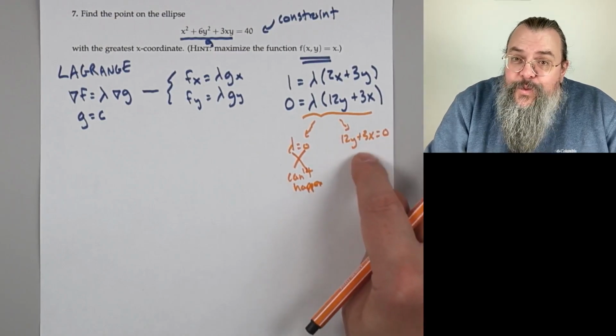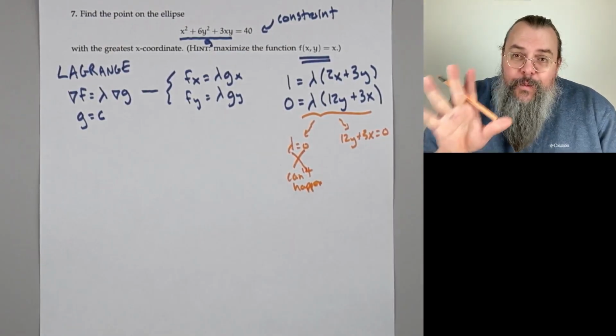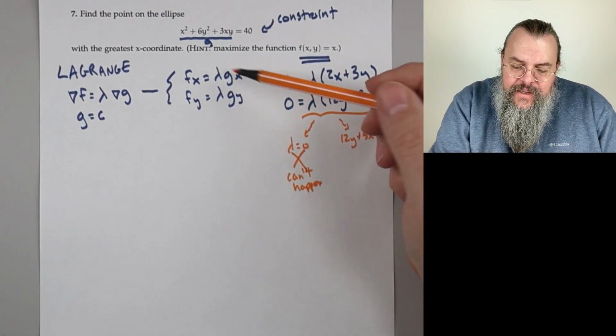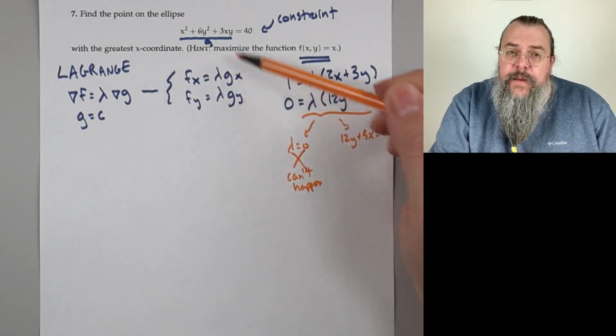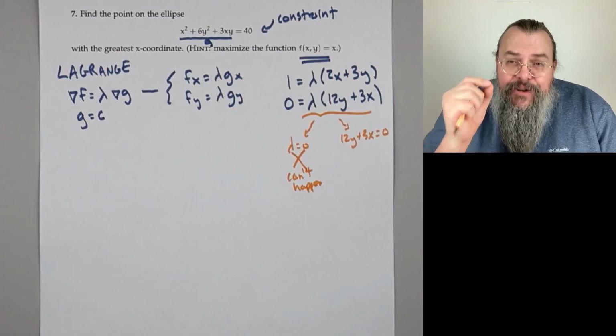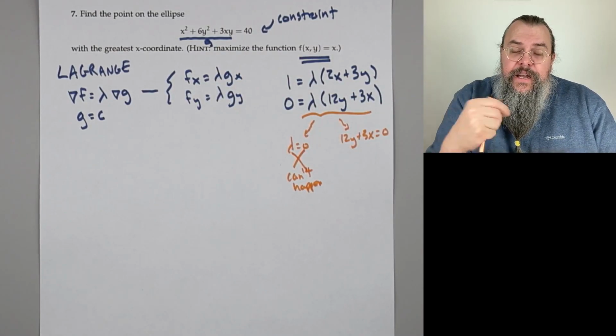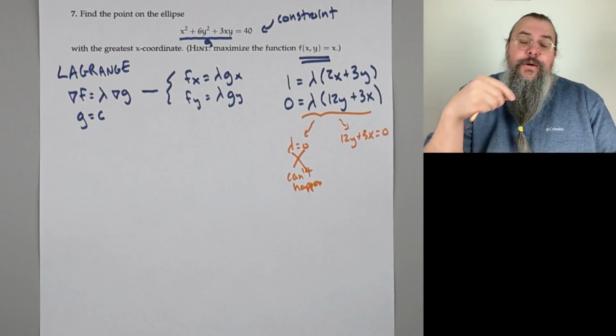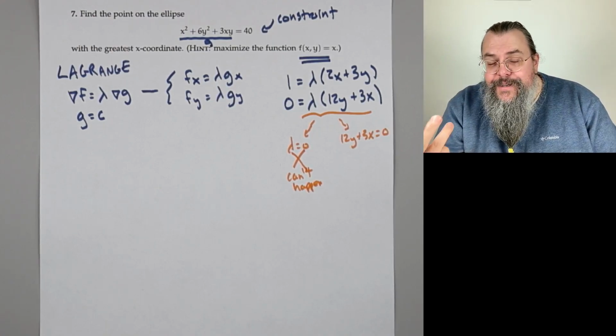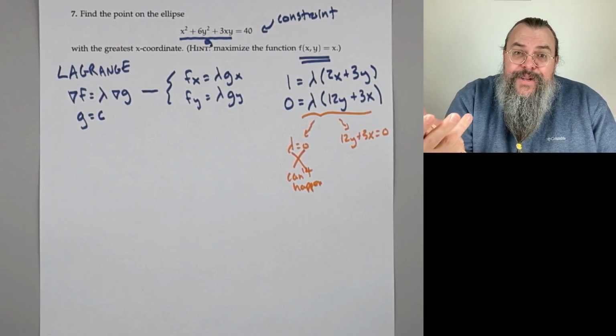And this is the key. So what happens in these problems is when you have your gradient of f equals lambda gradient of g, what you're secretly looking for is a relationship between x and y. Now, one way to do this is, when in doubt, solve for lambda. Well, in this case, we couldn't solve for lambda.